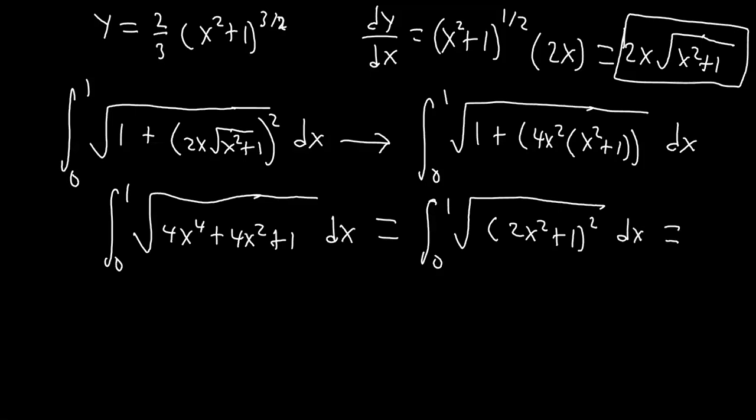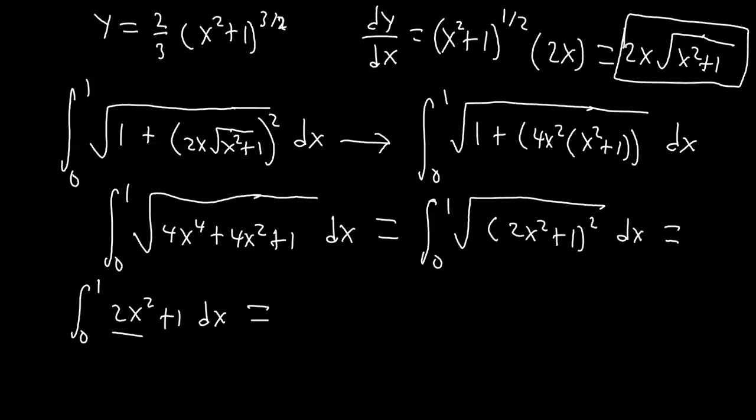Now, surprisingly here, the square root and the 1/2 cancel out, because 1/2 times 2 is just 1. So we're going to have, from 0 to 1, 2x squared plus 1 dx, alright?